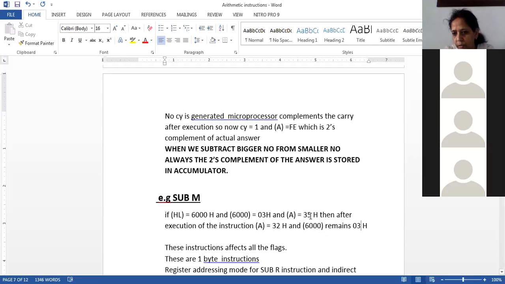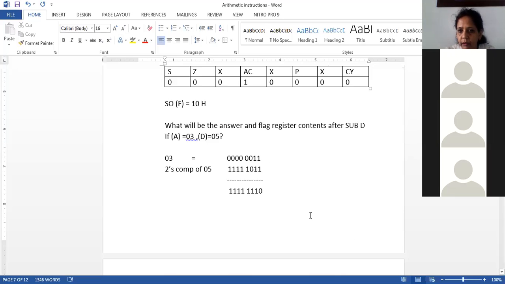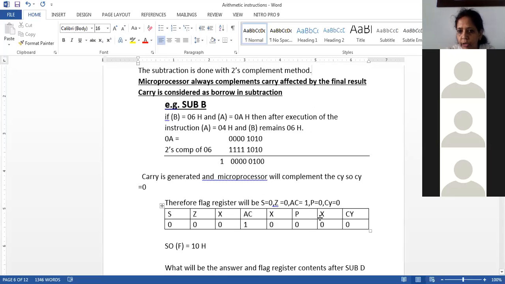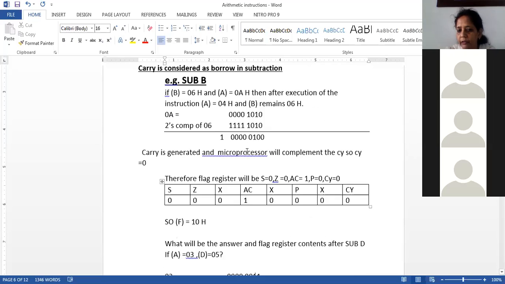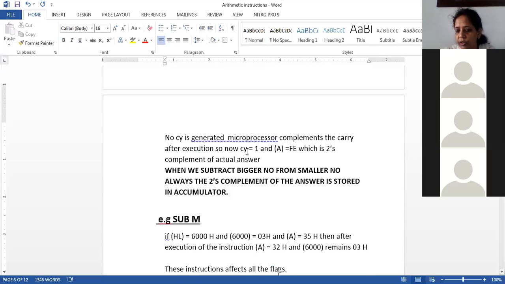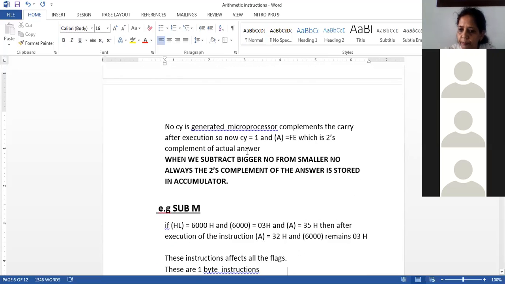Again, you have to do the subtraction. Whenever a question comes to explain the instruction, you'll have to take an example and show it by this method, showing how the subtraction is done in the microprocessor.